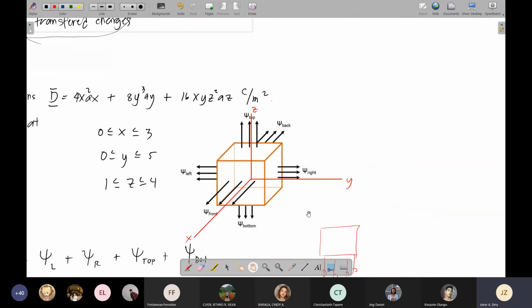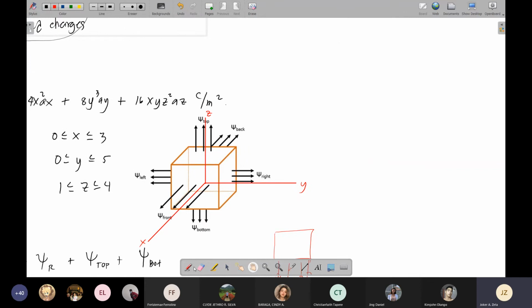If we plot the object properly based on the given limits, first, the x-axis is 0 to 3, so let's say 1, 2, 3. Then the y, left or right, is 0 to 5, so let's say 1, 2, 3, 4, 5.